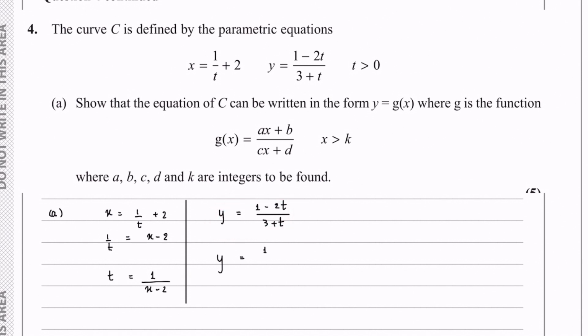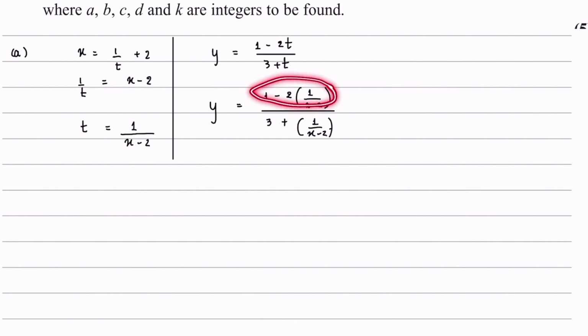So 1 minus 2 times 1 over x minus 2, divided by 3 plus 1 over x minus 2. And then we make the top part a single fraction and the bottom part a single fraction too.